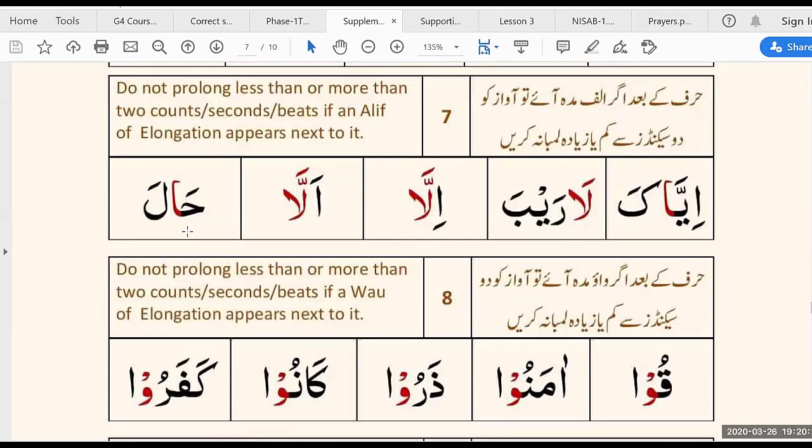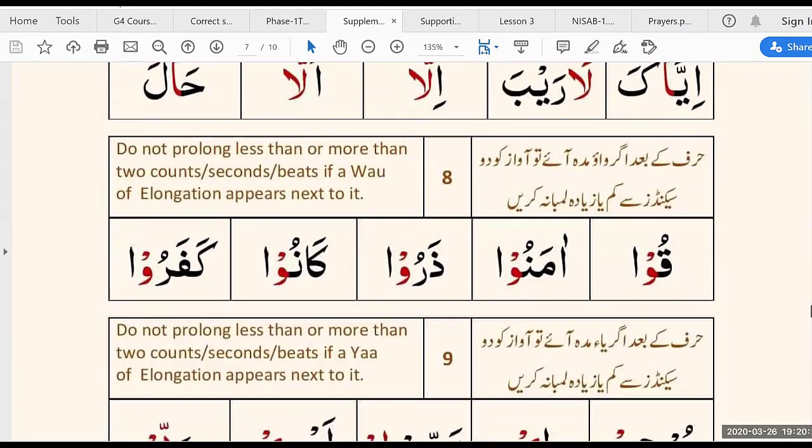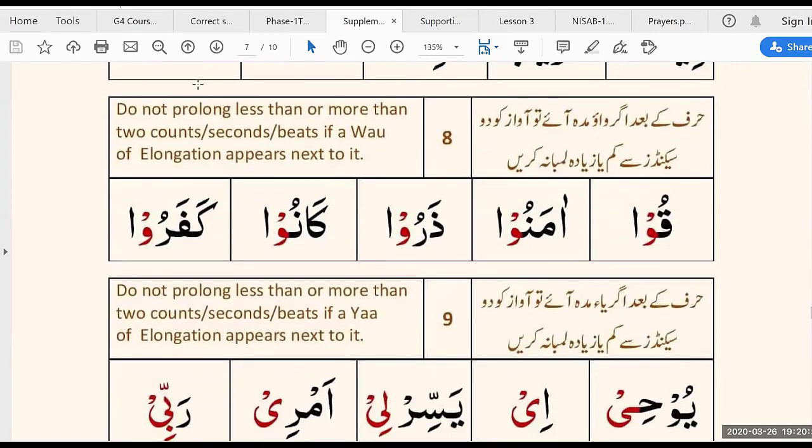Okay. So now we are going to move to common error number 8, which is vowel of elongation. Do not prolong less than or more than 2 counts, seconds, or beats if a vowel of elongation appears next to a letter which carries a dhamma stroke.